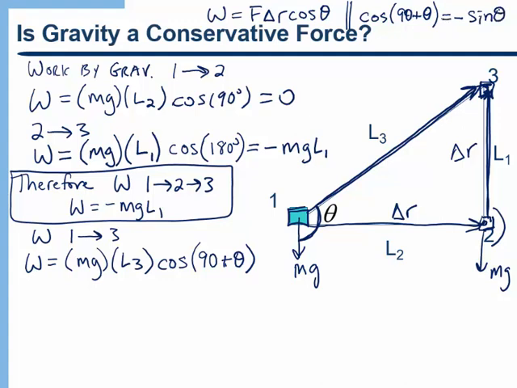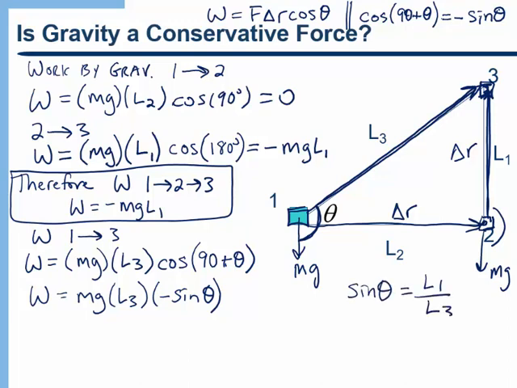So I'm going to rewrite this: the work is equal to mg times L3 times negative sine theta. But now I want to use trigonometry. What is L3 sine theta? Well, if we look at the triangle, you'll notice that sine theta is equal to the opposite side L1 over the hypotenuse L3.